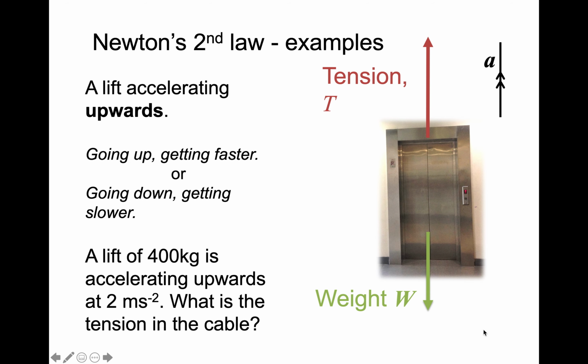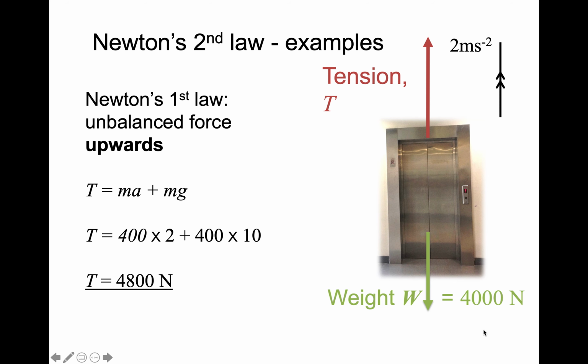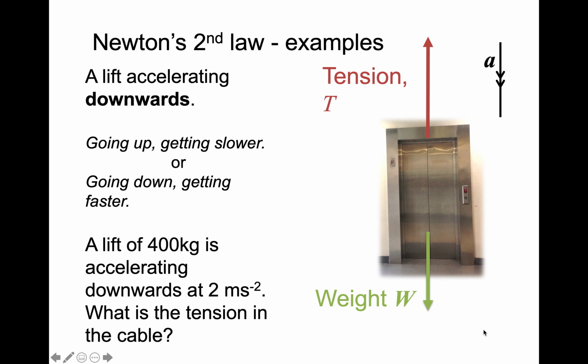The question did say 400 kilograms, and it's at 2 meters per second squared, so we can substitute those numbers in. We can assume that g equals 10, the local gravitational constant, and we get an answer for the tension force of 4,800 newtons. So that's a simple application of Newton's second law equation.